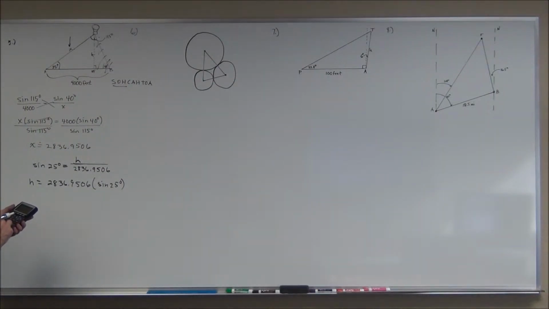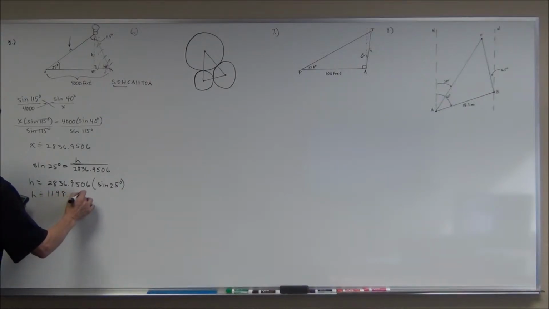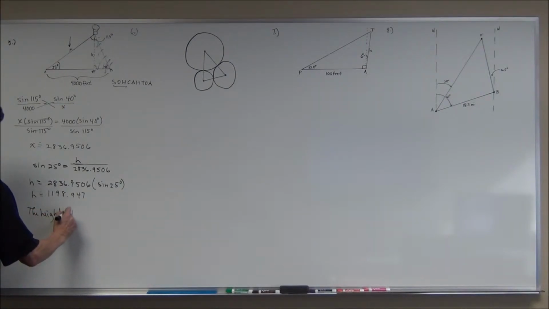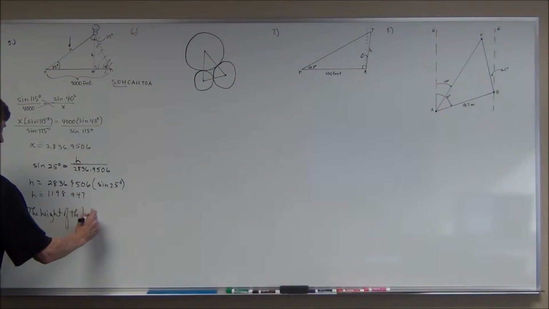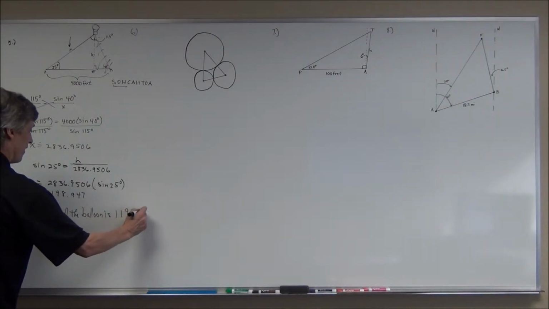So I'm going to take 2836.9506 times the sine of 25 degrees. Okay, and I get this to be 1198.947, or to 2 decimal places, I get the height of the balloon is 1,198.95 feet.